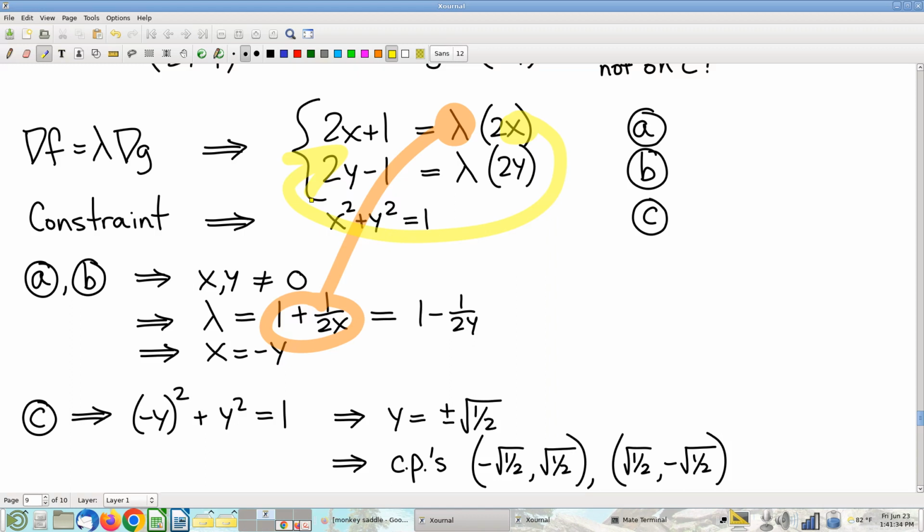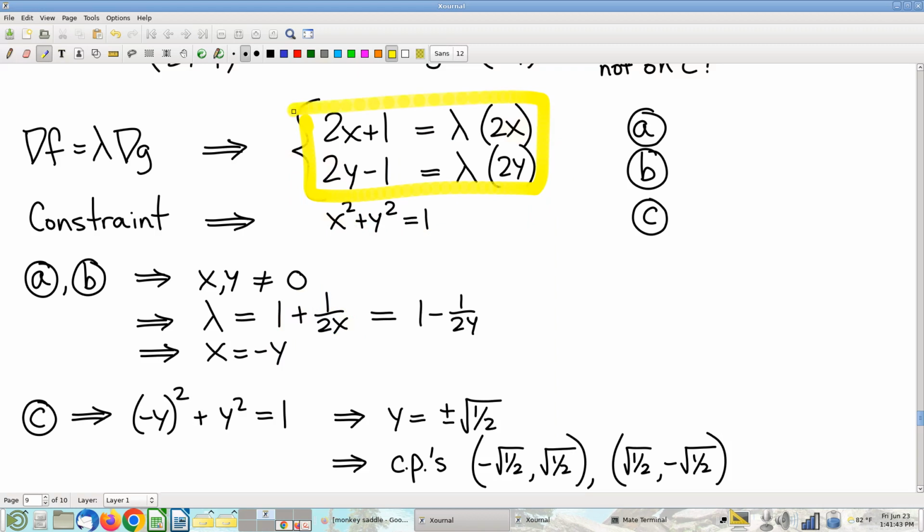So first thing I have to entertain is x equals 0. Could x be 0? Could y be 0? And conveniently, you could just directly plug in right here and immediately see if x is 0. That equation right there just turns into 1 equals 0. That's ridiculous. Therefore, x isn't 0. So no big deal, right?